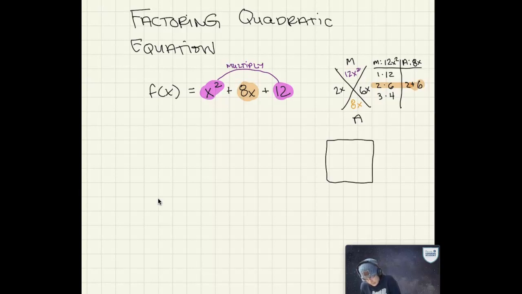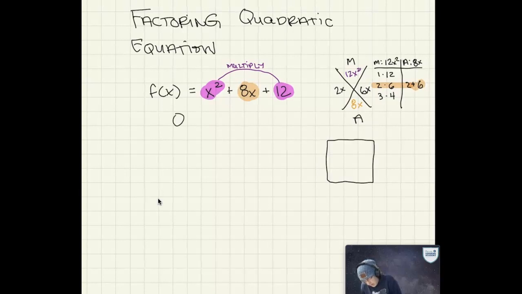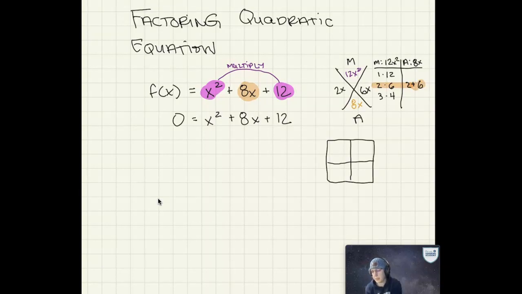So I'm going to replace the f of x with 0 because while we're solving, we're solving actually for 0. Okay, we're at 5 minutes. So I'm going to try not to make this longer than 8 minutes for you.